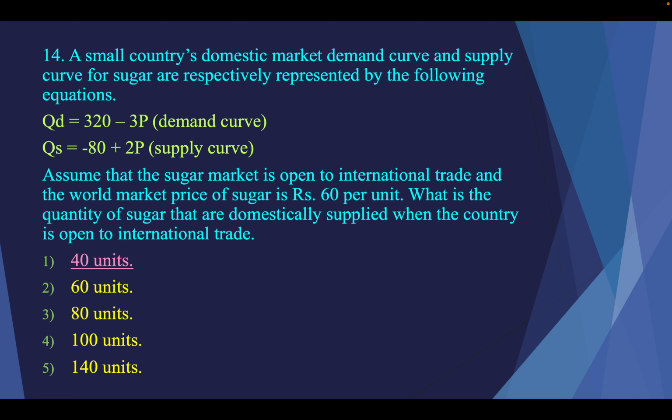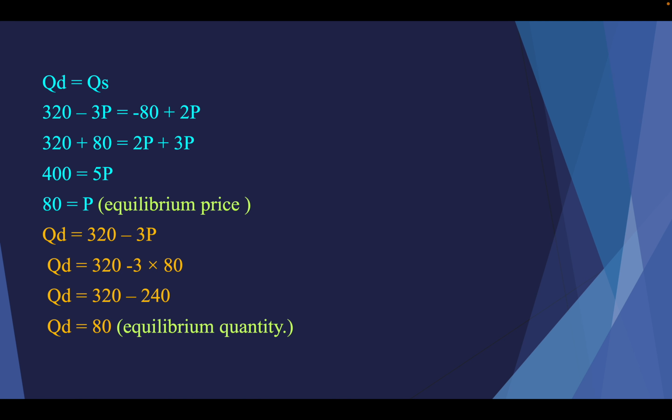First of all, you have to find the equilibrium price and equilibrium quantity, because you have the QD and QS equations. You can equate both equations: 320 minus 3P equals minus 80 plus 2P. Same things should go to the same side.